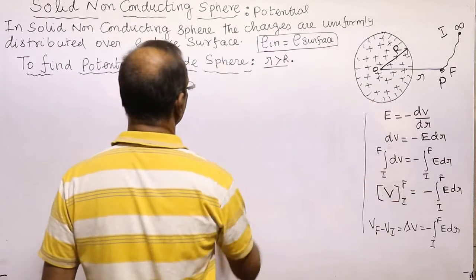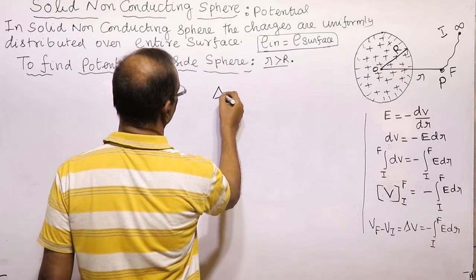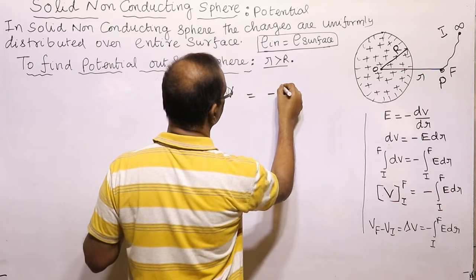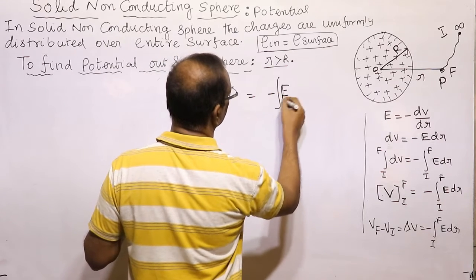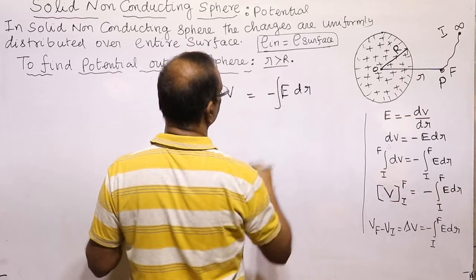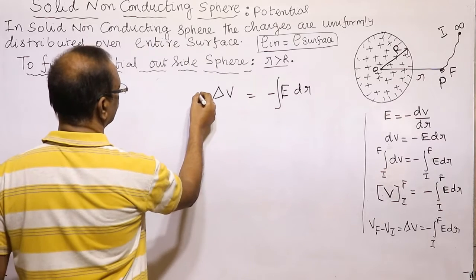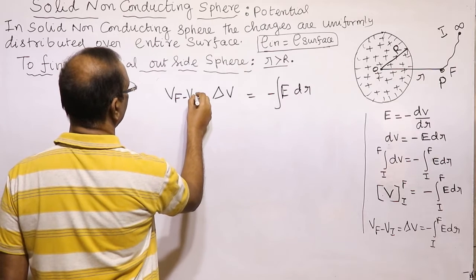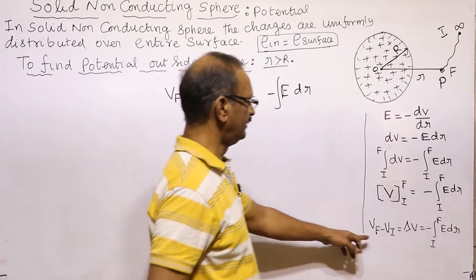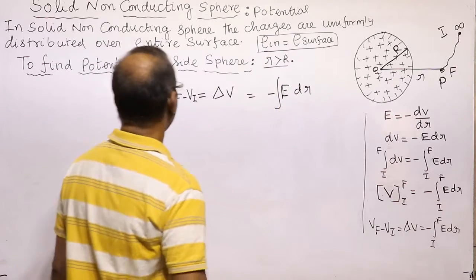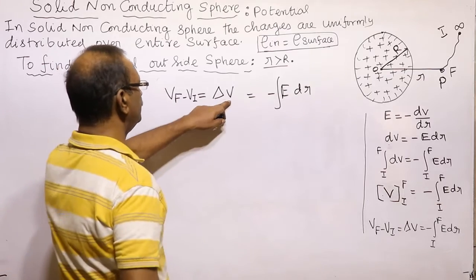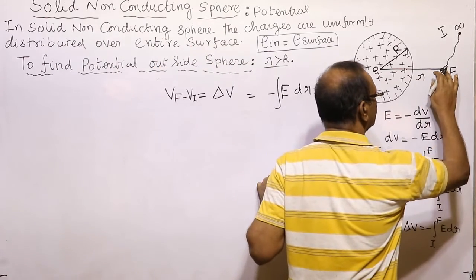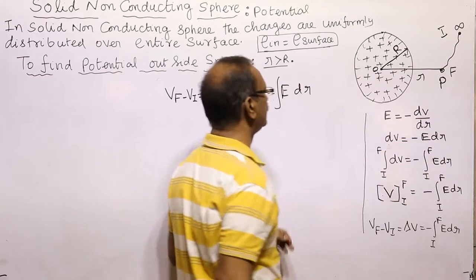So we know the result: the change in potential is equal to minus the integral of E dr, and the change in potential is V final minus V initial. Final potential is at this point, and initial potential is at infinity.